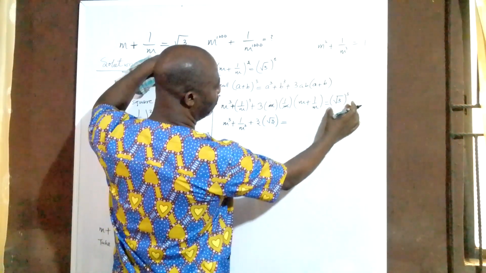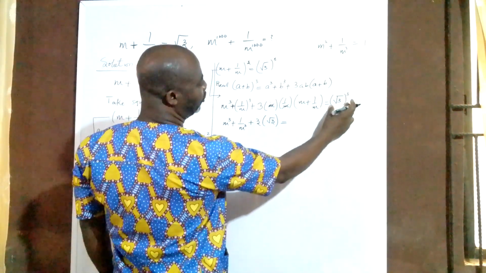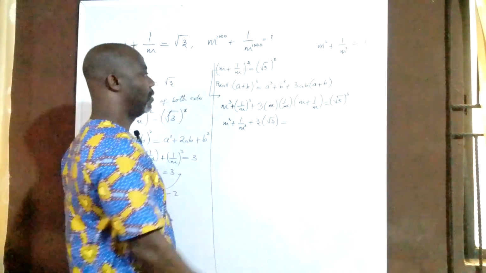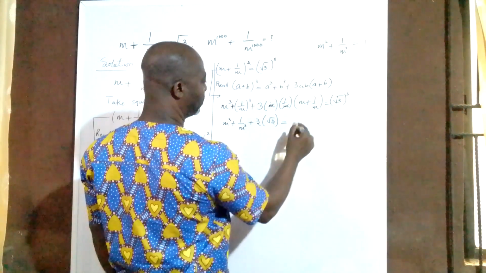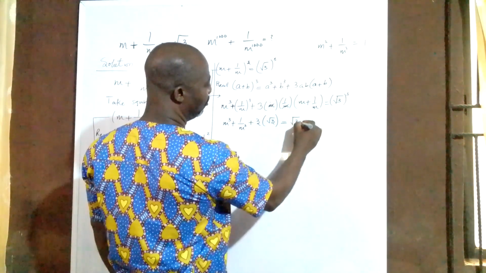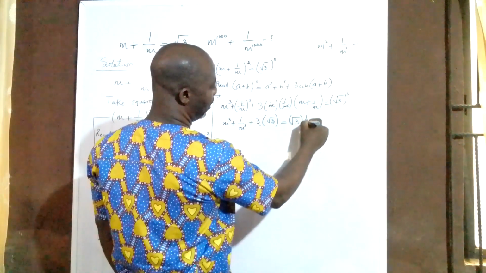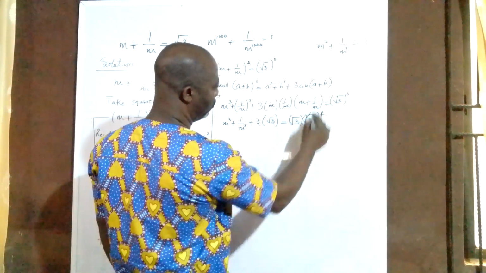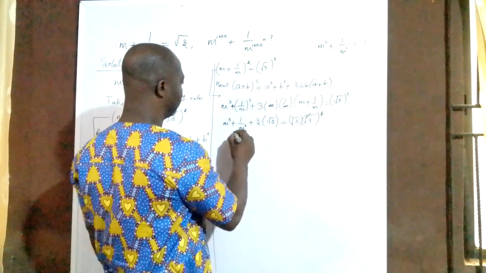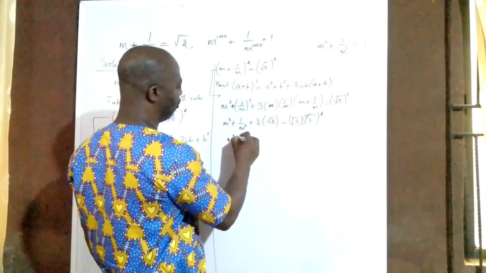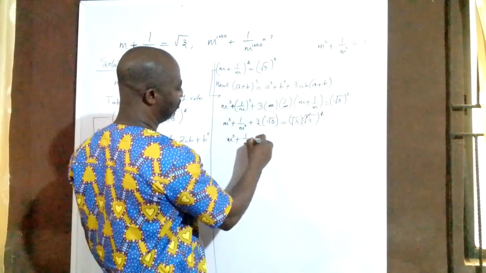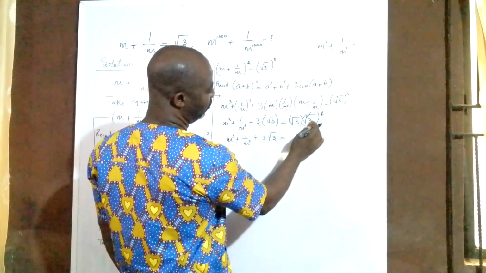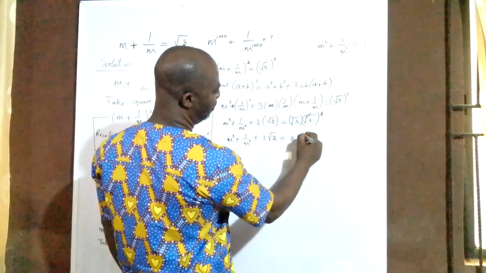Equal to, so I'm going to apply a trick here. I'm going to tweak this. I'm going to split this up into root 3 times root 3 squared, so that the square and square root will cancel out each other. So I have here m cubed plus 1 over m cubed plus 3 root 3 equal to 3 root 3.